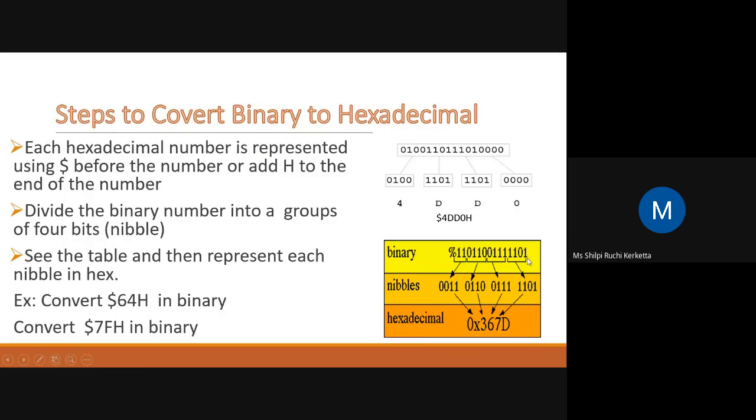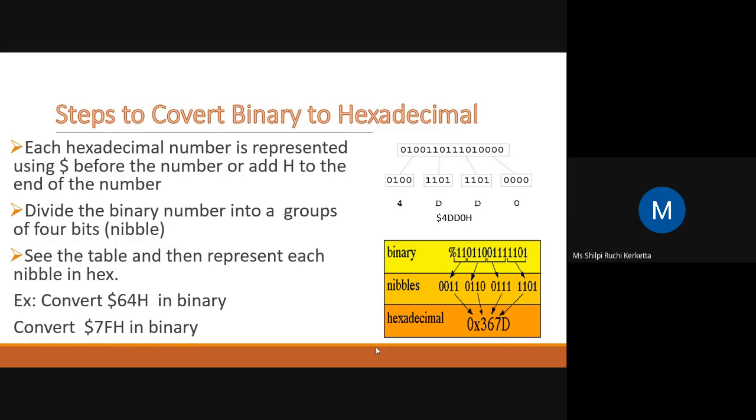Here is one more example. If we get a number like this, we divide this binary number into groups: this is the second nibble, this the third nibble, and this the last nibble. But here we have only one 1. Like if I write roll numbers from 0 to 9 as 2 digits, I write 01, 02, up to 09, and then 10.